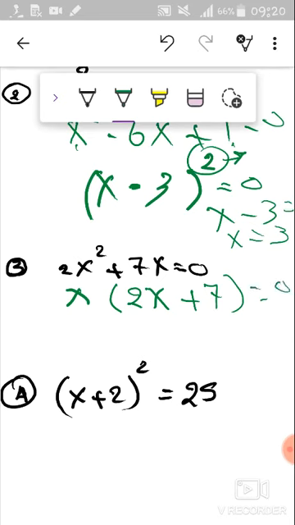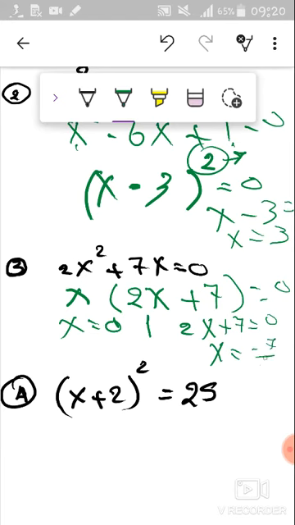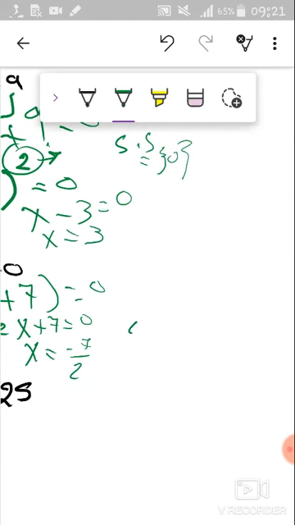Okay, x times this bracket is equal to 0. So the value of x may be equal to 0, or 2x plus 7 equals 0. So x will be negative 7 over 2. So the solution set is 0 and negative 7 over 2.